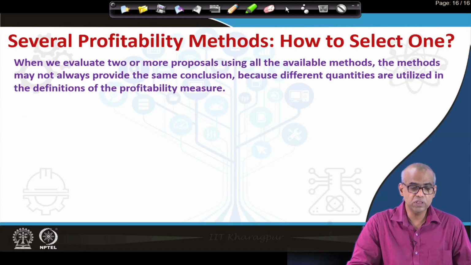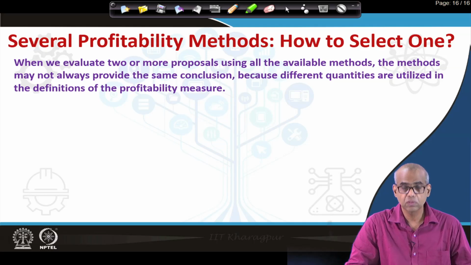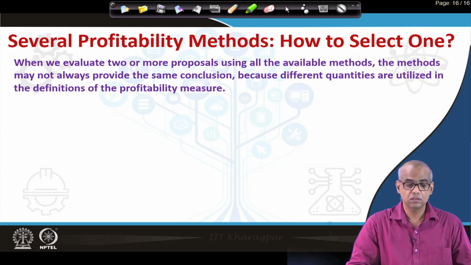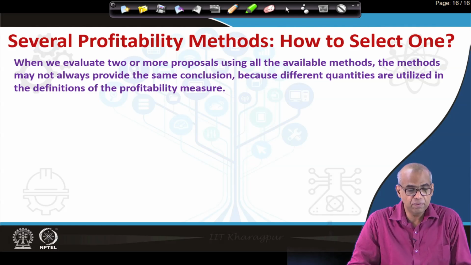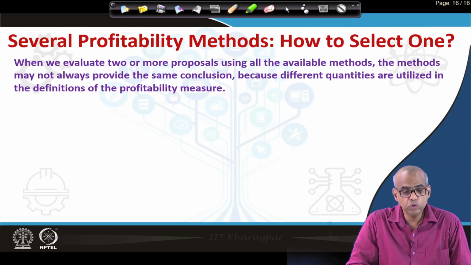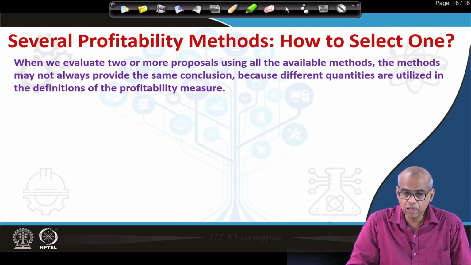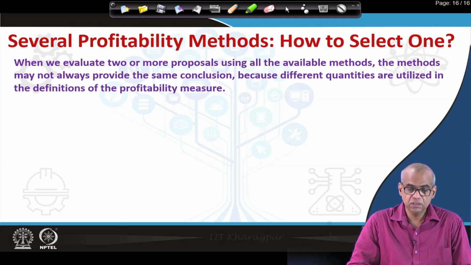Now, we have talked about several profitability methods. Now, how will you choose one method from all these available methods? When you evaluate 2 or more proposals using all the available methods, the methods may not always provide the same conclusion. It is quite reasonable because different quantities are utilized in the definitions of the profitability measures. So, different methods use different quantities.